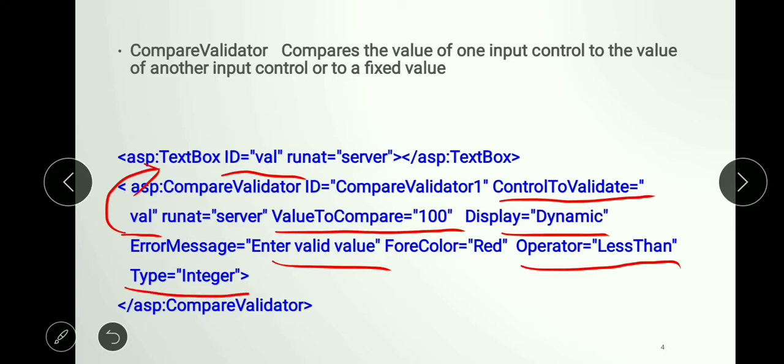Again, here we apply the compare validator to an integer value, so we write type is equal to integer. The operator we can write as either less than or greater than, or less than equal to or greater than equal to. In this way we can apply the compare validator to the values.